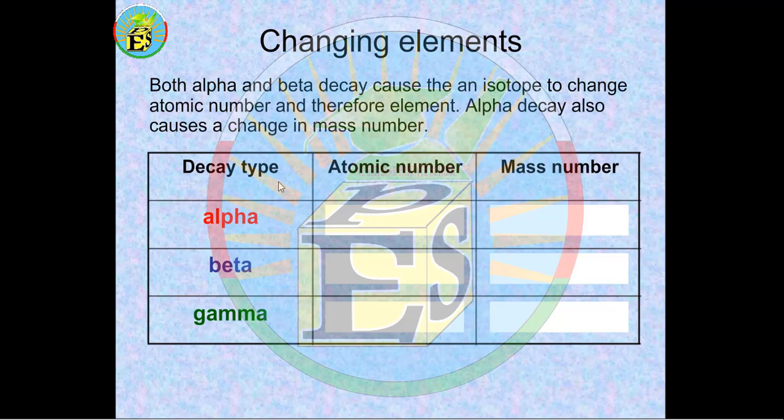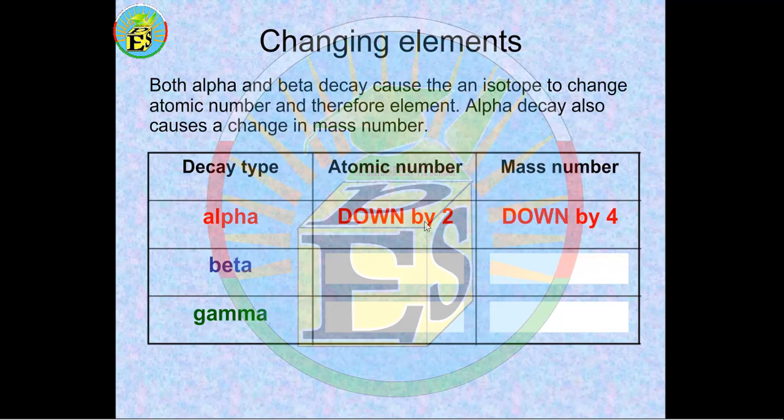We just have radiation or radioactivity from an element like cobalt, which we use in medicine to treat cancer. Decay type: alpha, beta, gamma. For alpha, atomic number goes down by 2 and mass number goes down by 4, because we have 2 protons and 2 neutrons.